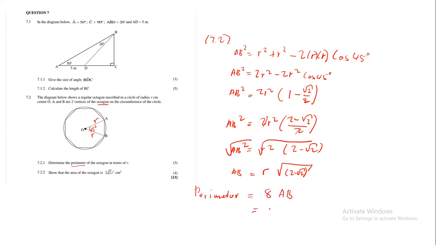In this case, it's 8 multiplied by r root of 2 minus root 2. Therefore, our final answer will be 8r root 2 minus root 2. Therefore, this will be our perimeter of the octagon.